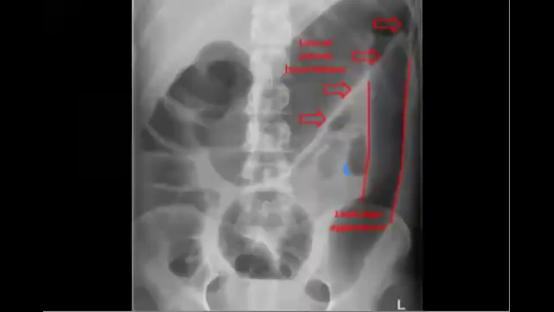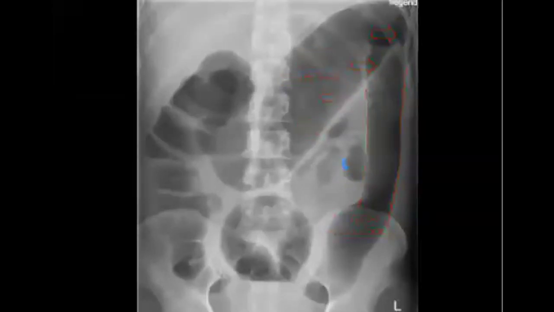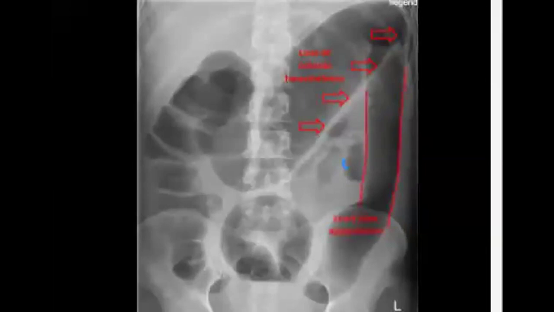Then I want to show you something very common, as a clinical scenario. This image: if you find a patient who has, as we mentioned, lead pipe appearance and loss of haustration, and this patient right now has a complication. What could be the complication that you are talking about?